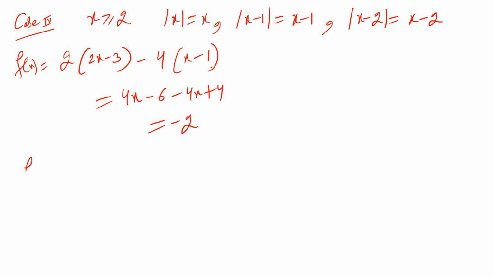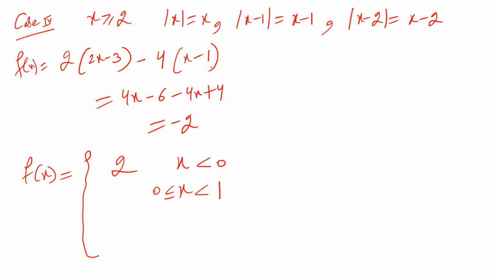Now let us collect all the cases to write f(x). Now obviously f(x) is going to come as a branched function. First of all, we had the expression for x less than 0. It was 2. For x greater than or equal to 0 and less than 1, it is 4x square minus 6x plus 2.